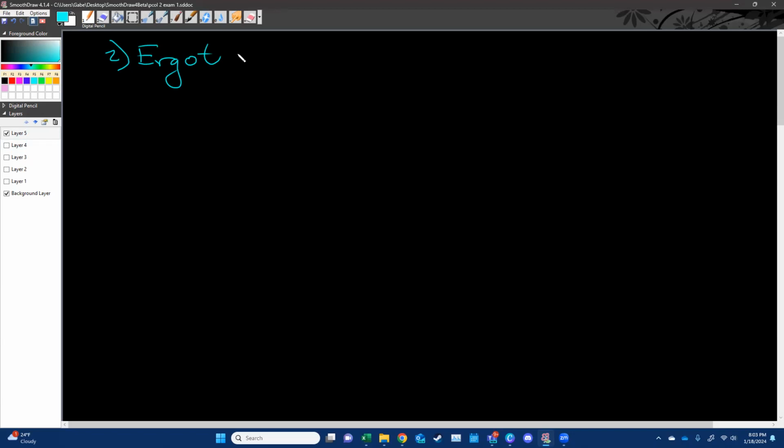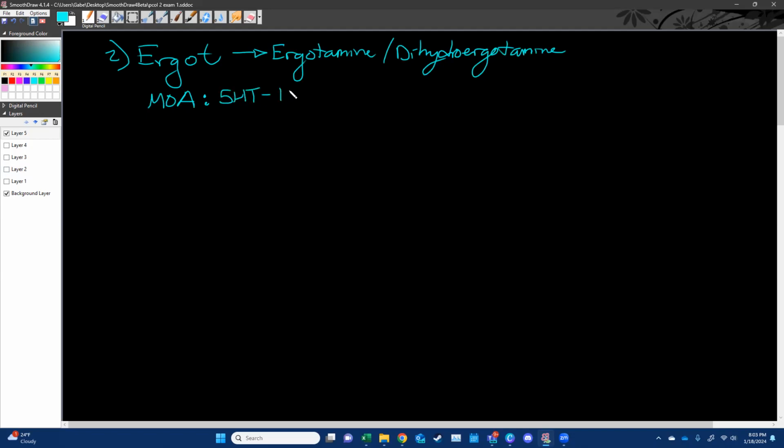The two compounds that we talk about are ergotamine and its metabolite dihydroergotamine. And very similar to the triptans, these guys also are 5-HT 1B 1D agonists, so they're doing the exact same thing.